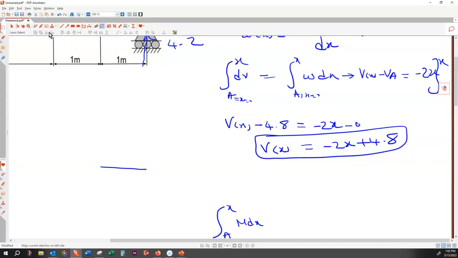So the right equation is V of x equals dM of x with respect to x.